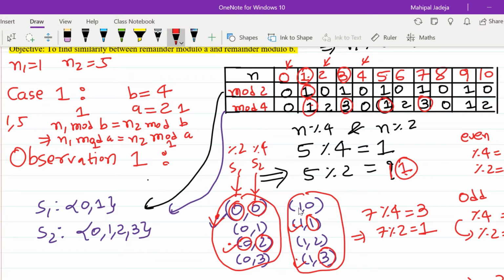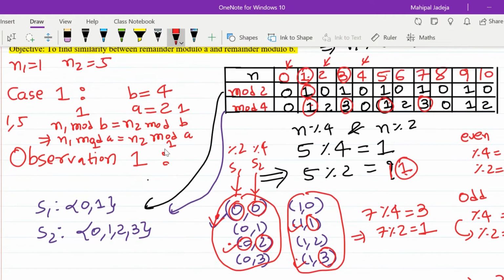So that means what we are saying here is, if this is the case where the first entity, which is nothing but n mod b, defines n mod a, then if we can find two numbers for which the modulo remainder answer is same, then with respect to the second number a also, the modulo remainder answer will be same. Okay, so this will become clear when we consider more examples.